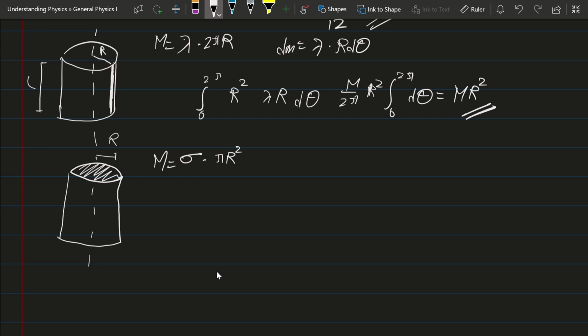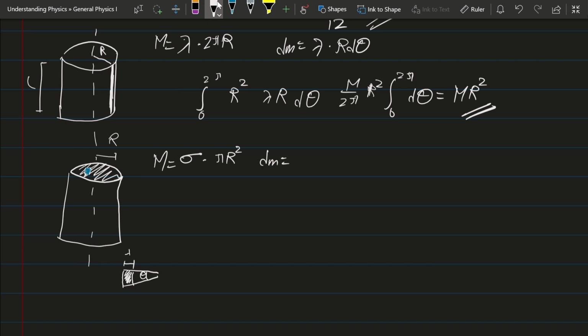And for the small mass, which I will denote as this very small box right there, the way that we will actually define the small mass is by looking at a very small chunk. You could see here that's a very small angle theta, and then this is the area that I want to figure out.